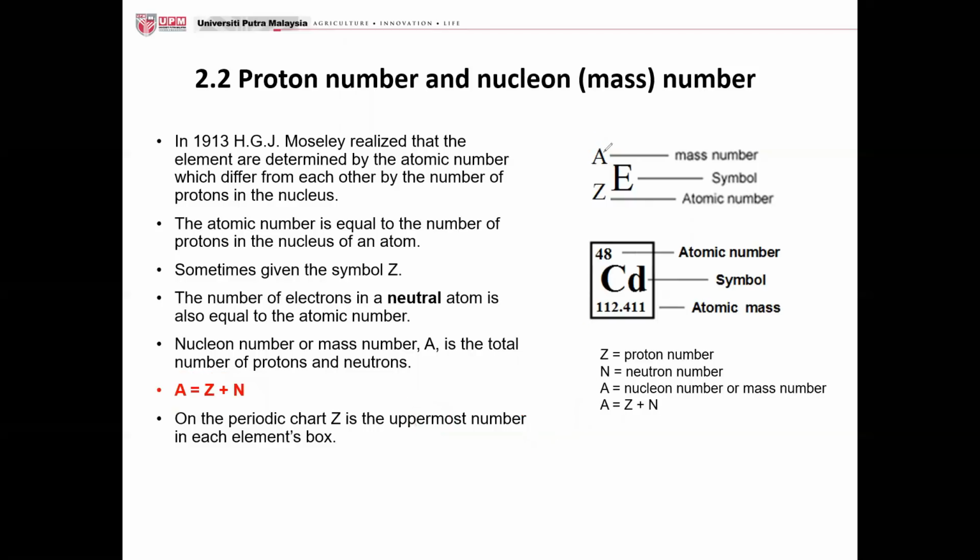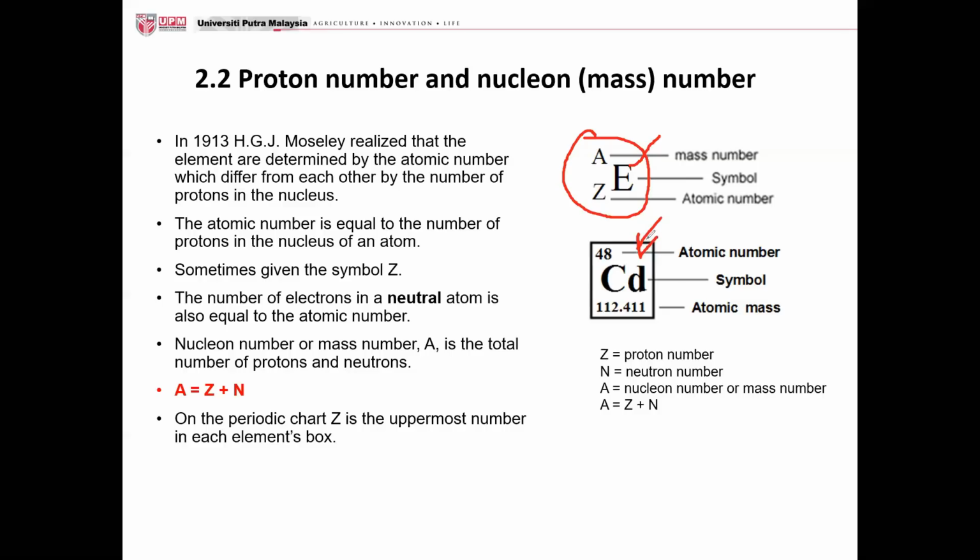So let's see this one. This is the general isotopic notation, where E or X is the element in the periodic table, A is the mass number or nuclear number, and Z is the proton number or atomic number. If you see the periodic table, it's like this one. Cd is the symbol of the element.